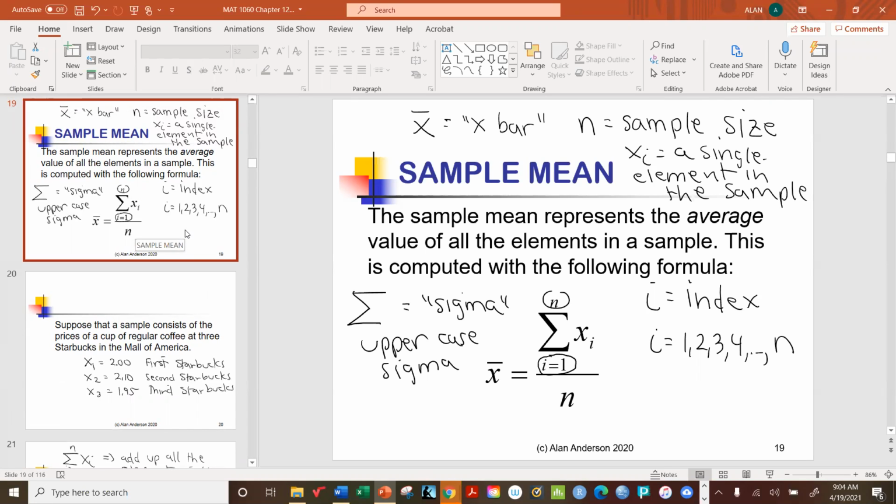And this is the part that everybody, I think, intuitively understands. A sample mean is just a sum of elements divided by the size of the sample.